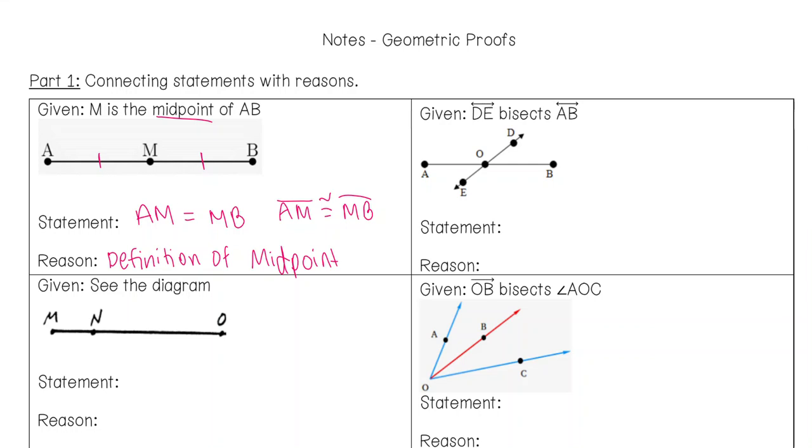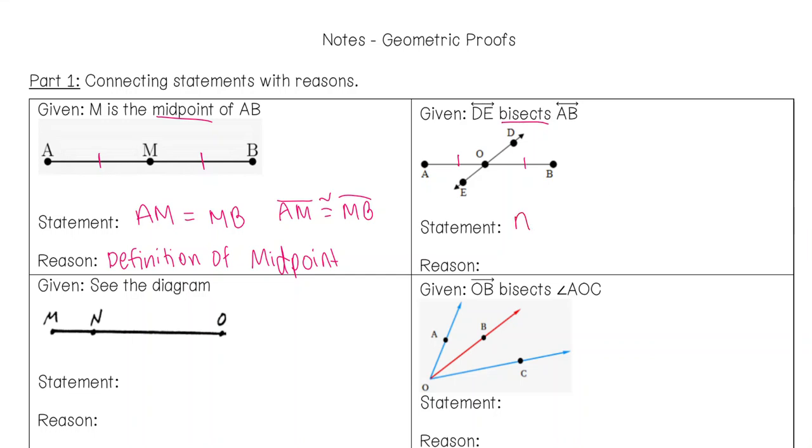To the right of that, it says given that the line DE bisects the line AB. So when I hear the word bisect, I know that that means that it's being cut in half. So DE is bisecting AB. That would make these two pieces equal or congruent, like we just talked about, similar to the midpoint, right?